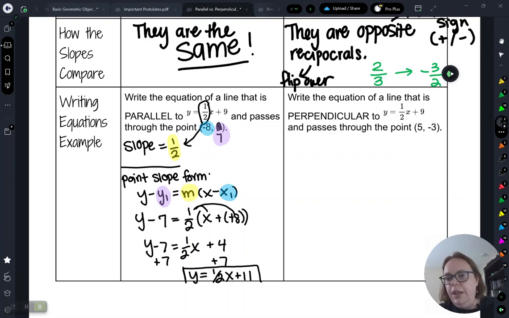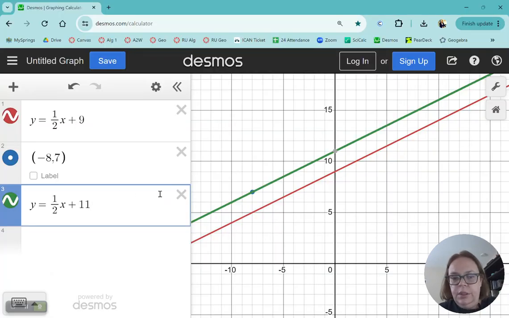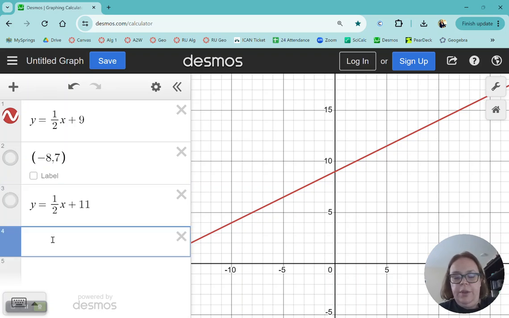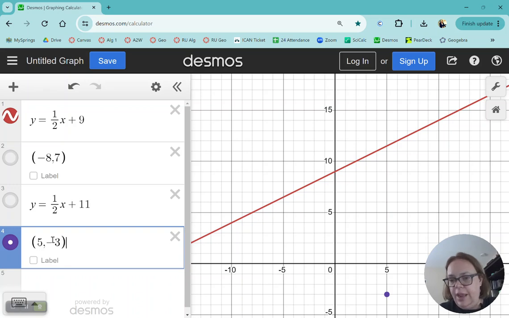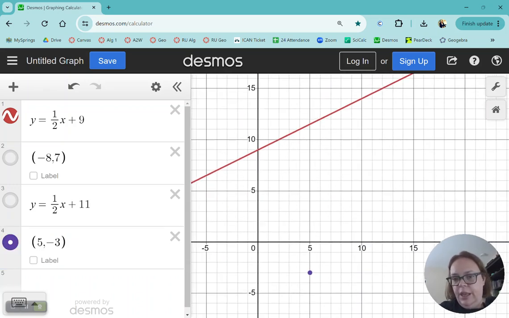Okay, so we're going to write the equation of a line that is perpendicular to y equals 1/2 x plus 9, same line, and passes through the point 5, -3. So let's visualize that. Let's get rid of this line and this point. We have a new point, 5, -3, okay? And so imagine perpendicular. Remember, they have to intersect at a right angle.